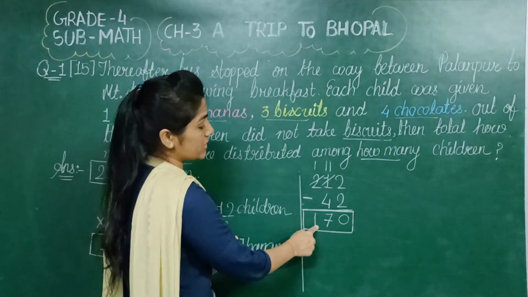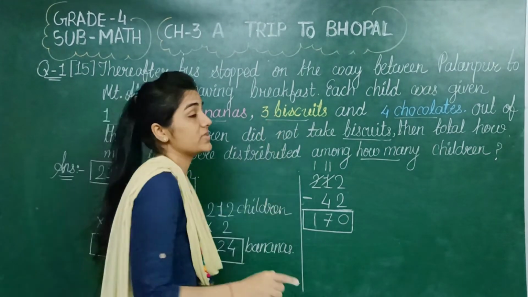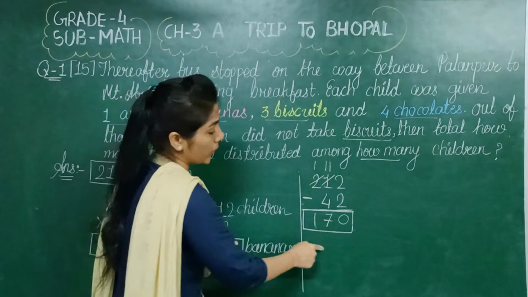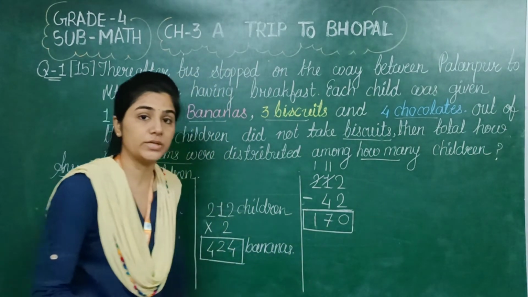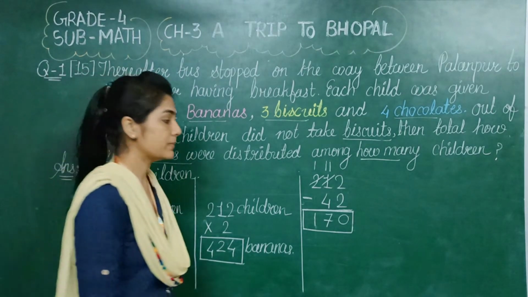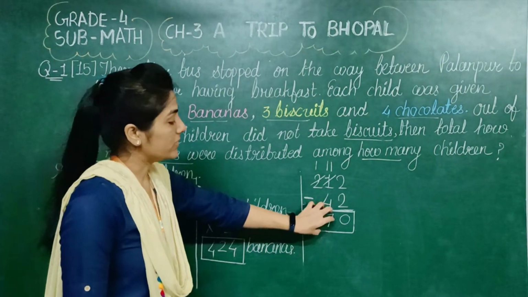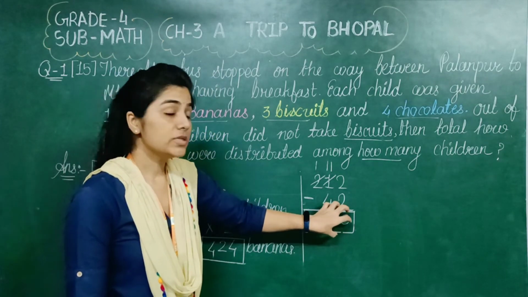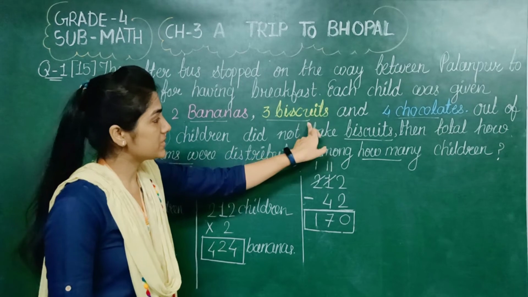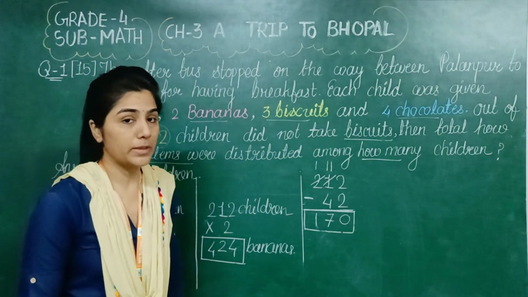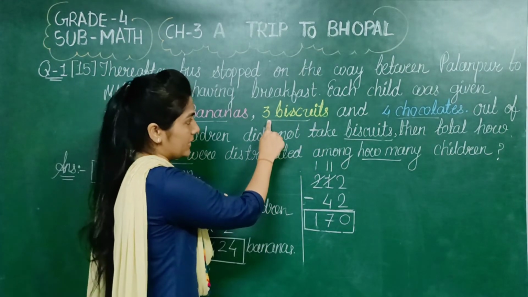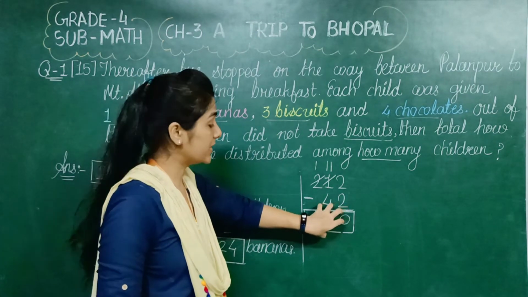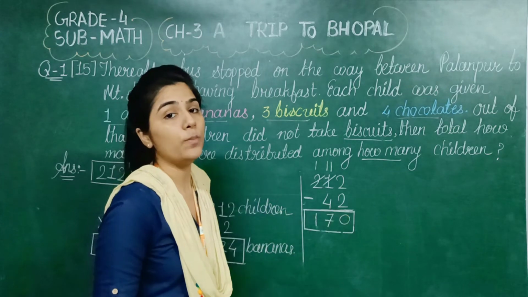So this calculation we will do with the 3 biscuits, because one child is getting 3 biscuits. So 170 children are getting how many biscuits? If one child is getting 3 biscuits, 170 children will get how many biscuits?